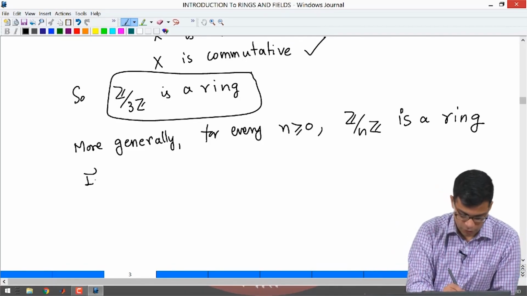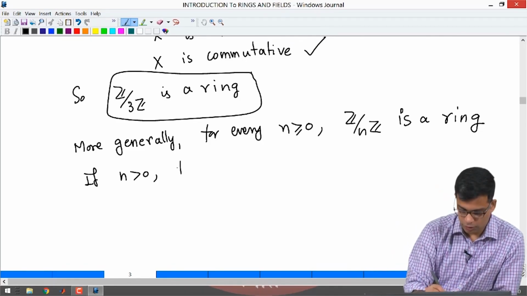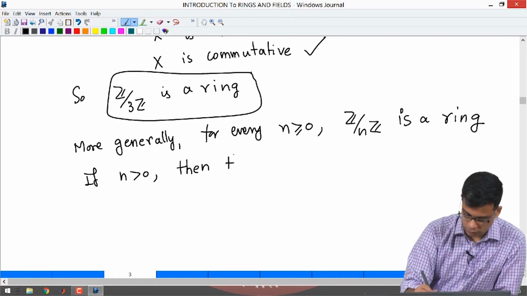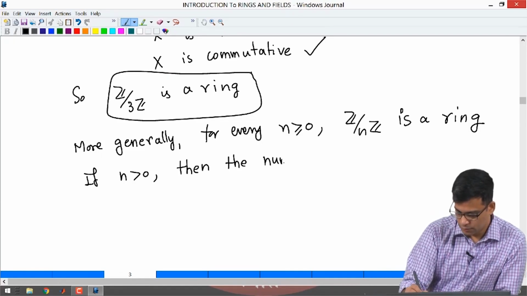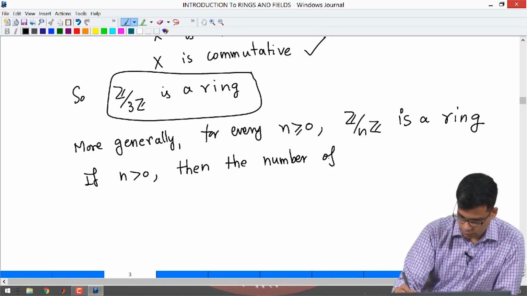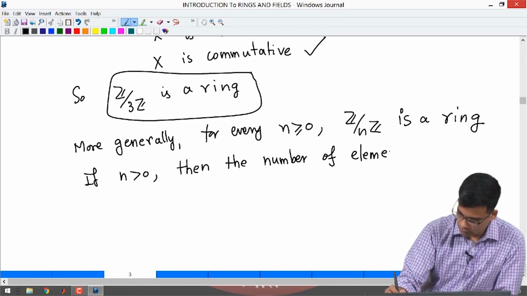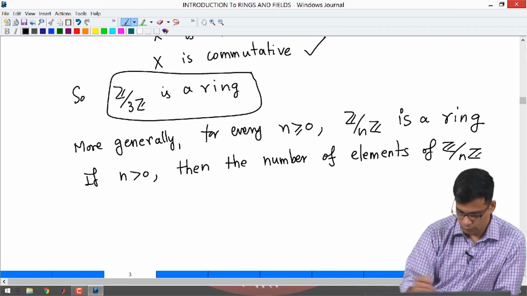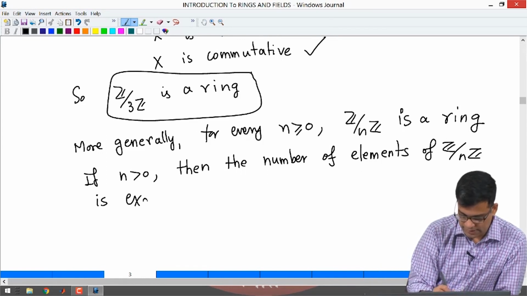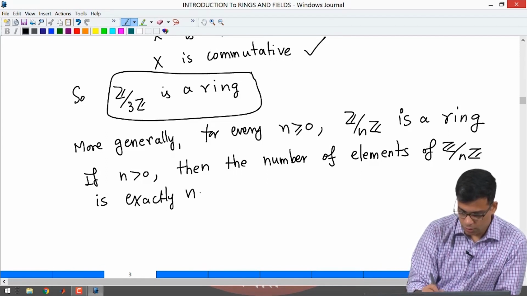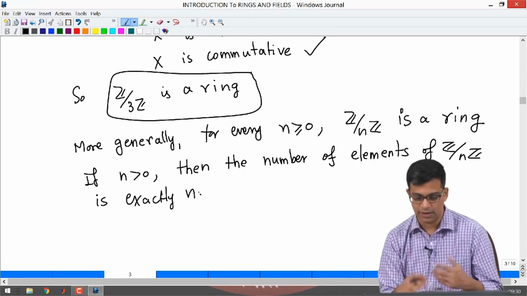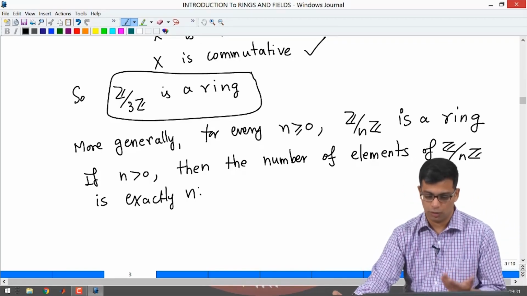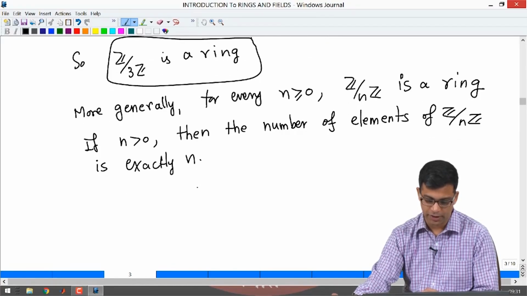If n is positive, then the number of elements is exactly n. That is because we know already that Z mod n Z is a group of order n, and on that we are giving multiplication. So, it is a ring of order n.